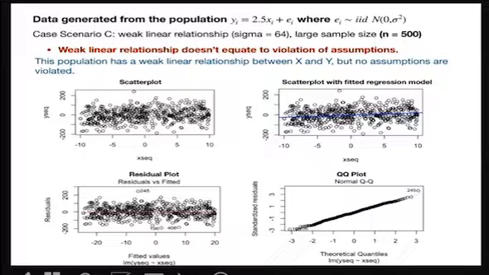So in this scenario, the relationship exists but is weak, and the fact that we got a weak relationship does not imply violations of assumptions. Does that make sense? That was why I said a weaker linear relationship doesn't equate to violation of assumption.